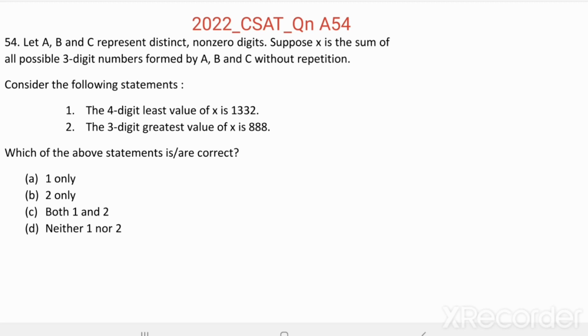Statement 2. The 3-digit greatest value of X is 888. Which of the above statements is or are correct? So there is a 3-digit number formed by A, B, C, where A, B and C are distinct non-zero digits.